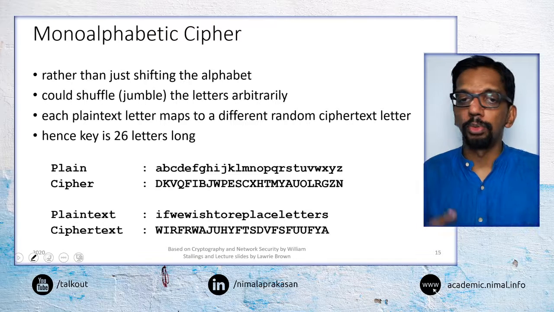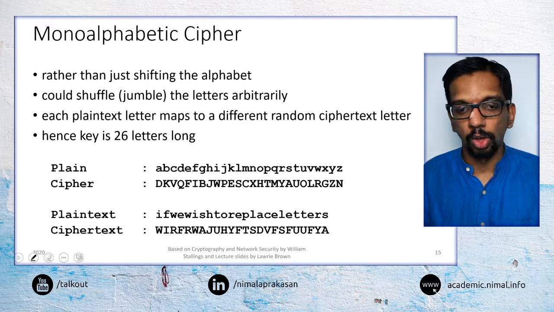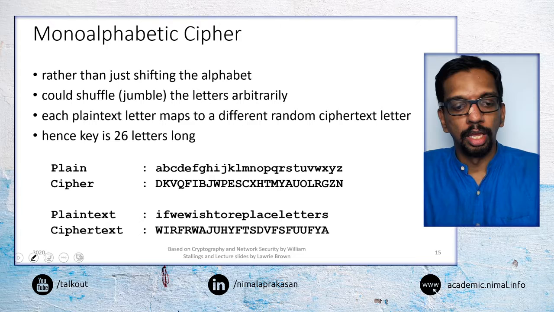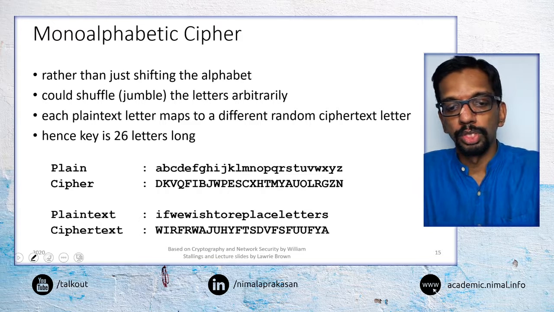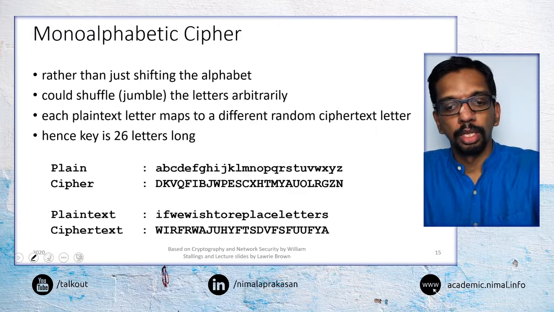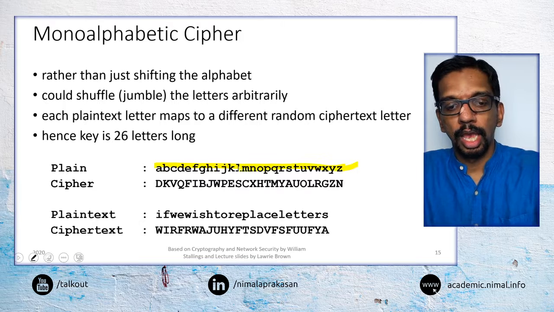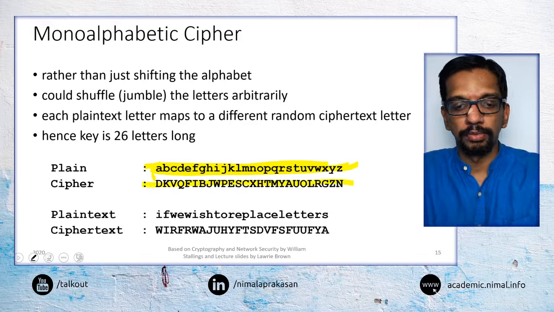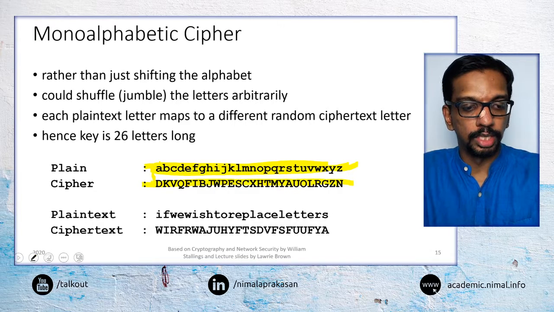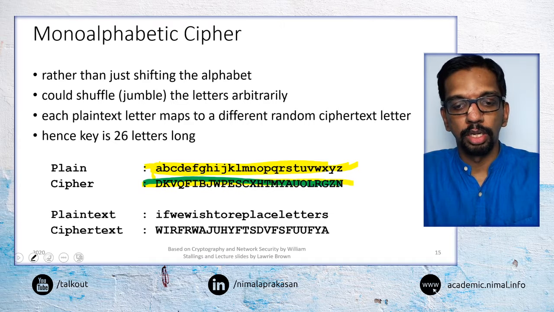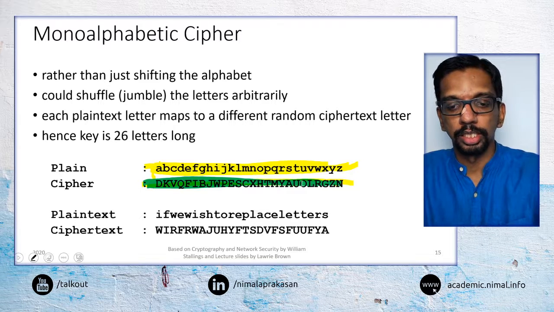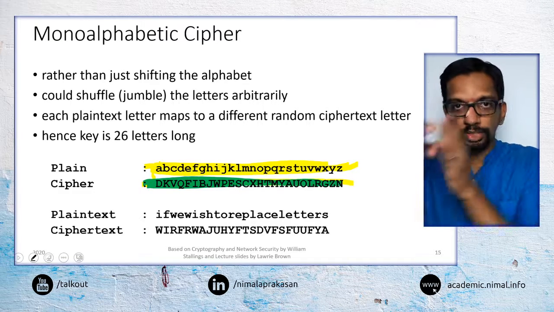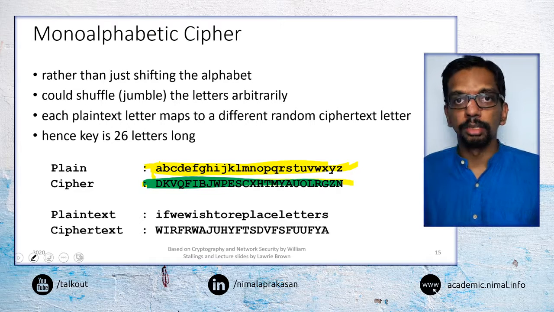The key itself would be a 26 letter long key. Say for example, we can use a plain text, and we can generate the ciphertext, saying this would convert to this ciphertext. In this situation, these are not in a particular order. So this is not just a shifted alphabet. This is just random letters in a random order.